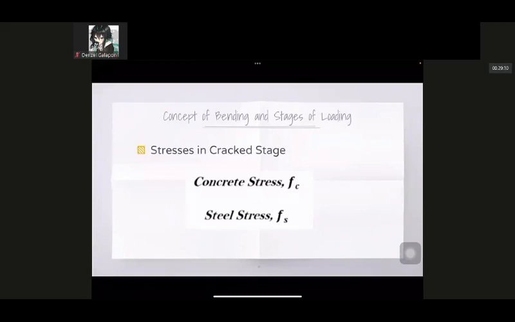So those are the three stresses. Whereas in your crack stage stresses, dalawa lang. Nawala na yung concrete tension kasi nag-crack na yung sa baba. So ang humahawak na lang ng compression is we have the concrete, and ang humahawak na lang ng tension is we have the steel.